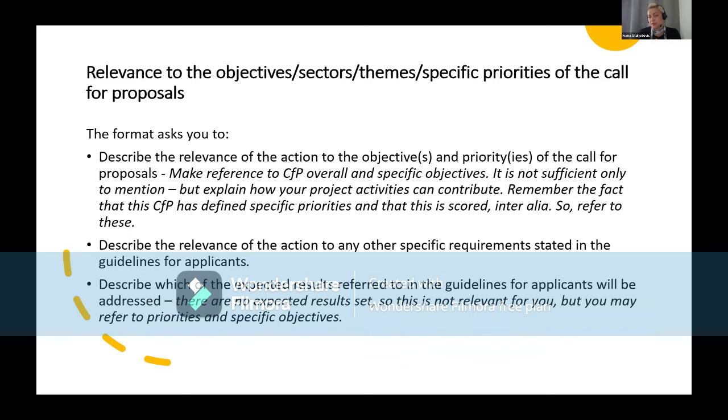So overall objective is the same for all the lots, but specific objectives are different for each lot. You should also explain here how your project activities can contribute, not just to state that you are contributing, but you should explain briefly how.